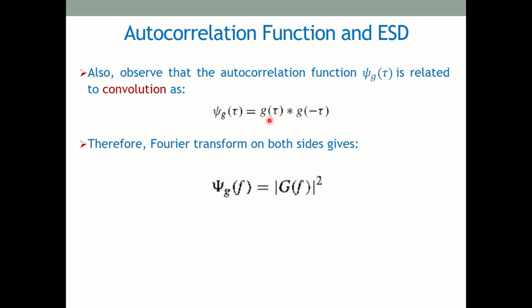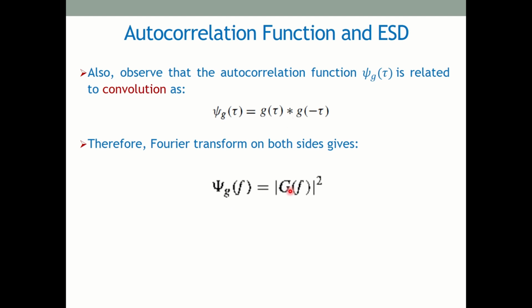Now if we take the Fourier transform on both sides, the Fourier transform of psi g(tau) is this term, which we call the energy spectral density. Now, is this actually equal to the magnitude square of G(f)? We can see that if we have convolution in the time domain, we will have multiplication in the frequency domain.